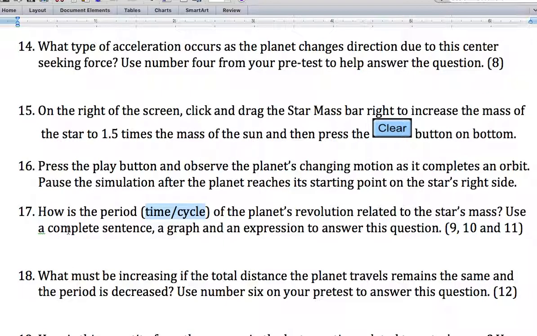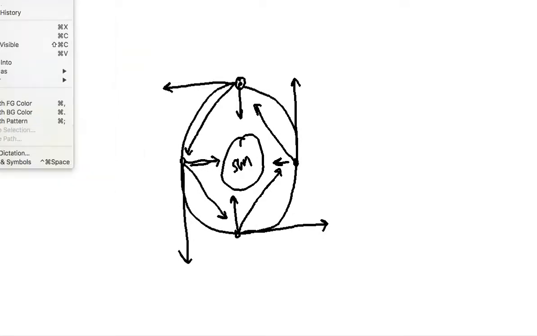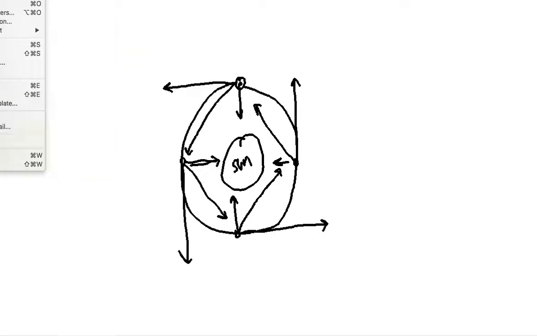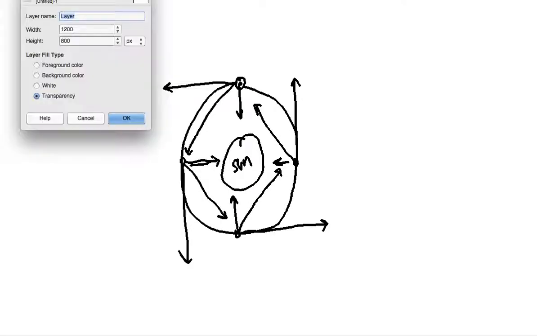So we're going to want to use a complete sentence, a graph, and an expression. So I'll help you with the graph and the expression in my picture over here. But what I want you to do is make sure that you can form the sentence. So what did we do? What did we manipulate? We, as the scientists, changed the mass of the star.